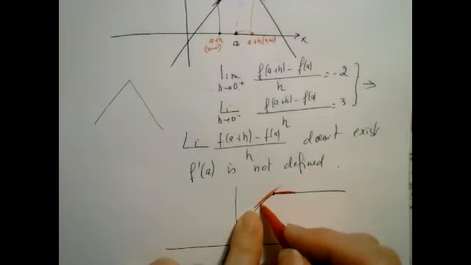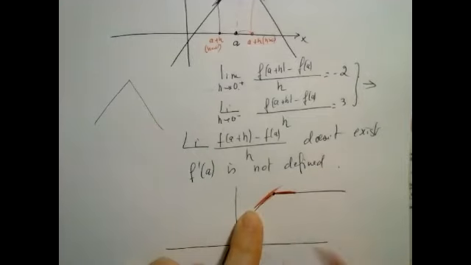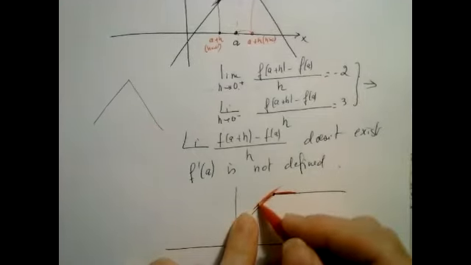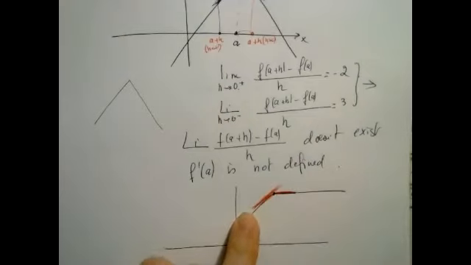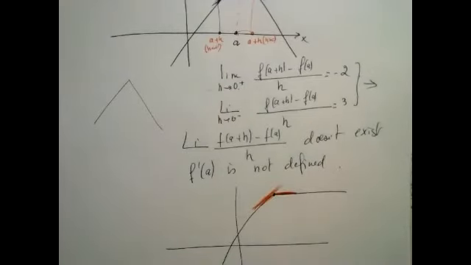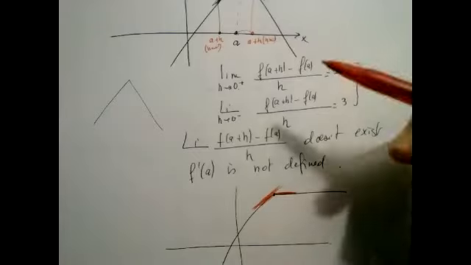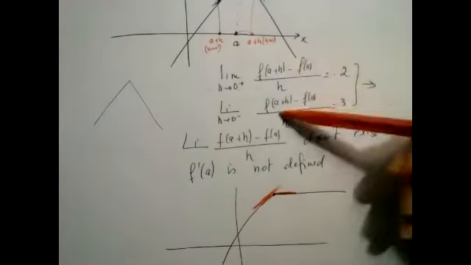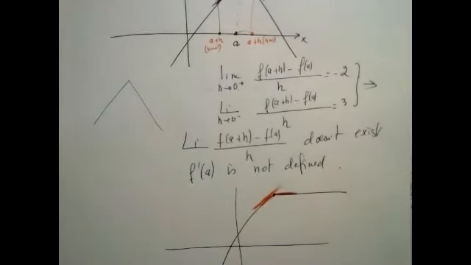If I compute them from the left, I'm definitely not getting a 0, because they are getting closer and closer to this line. So I don't have a unique tangent from the left and from the right, and if I compute those limits, I don't get the same answer. So one scenario where the function doesn't have a derivative at a point is when the function exhibits a corner.